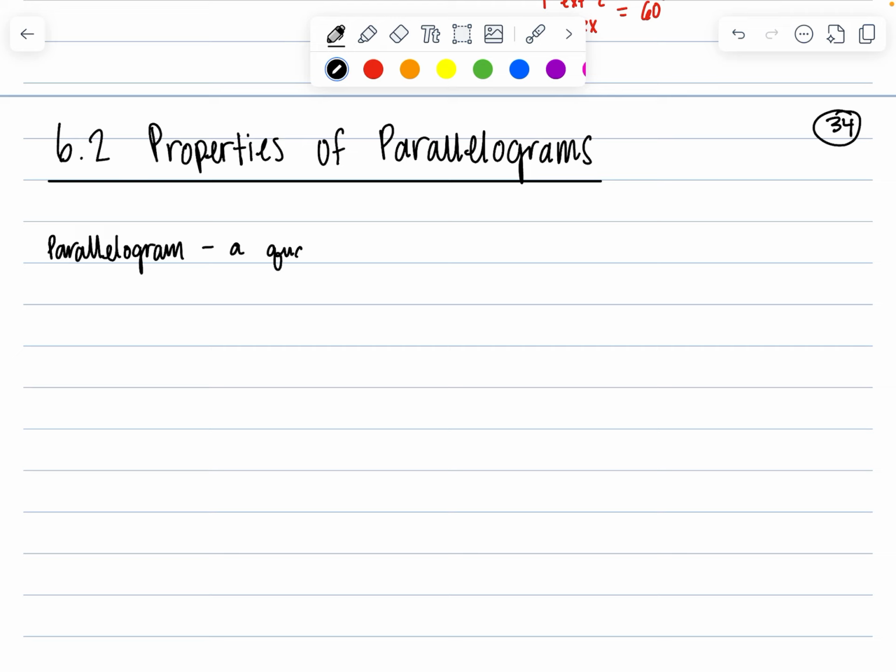It is a quadrilateral with both pairs of opposite sides that are parallel. Okay, and that's pretty much it.